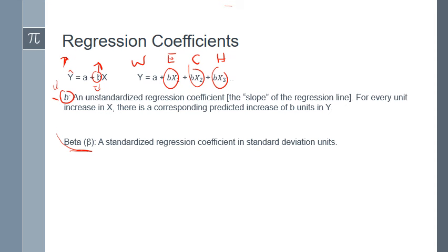And beta would turn that 1.25 into standard deviation units, so maybe it might be like 0.25 or 0.1. They'll say for every 0.1 standard deviation unit that this goes up, y goes up, something like that. So you should know both, but one is unstandardized, just the units, and the other is standardized in standard deviation units.